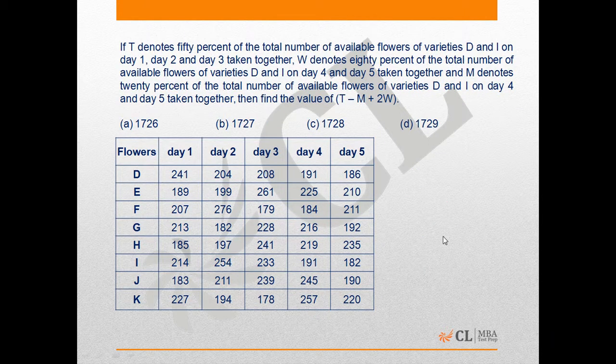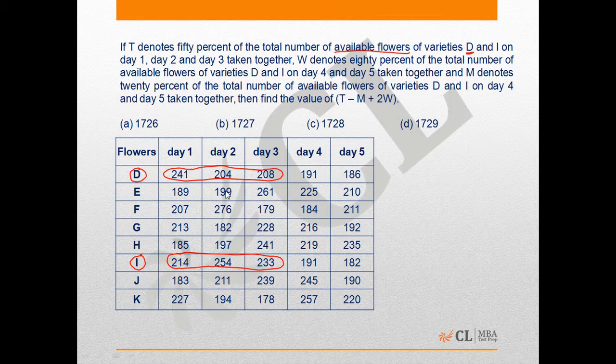If I read the next question, it says if T denotes 50% of the total number of available flowers of variety D and variety I on day 1, day 2 and day 3. T represents 50% of them.